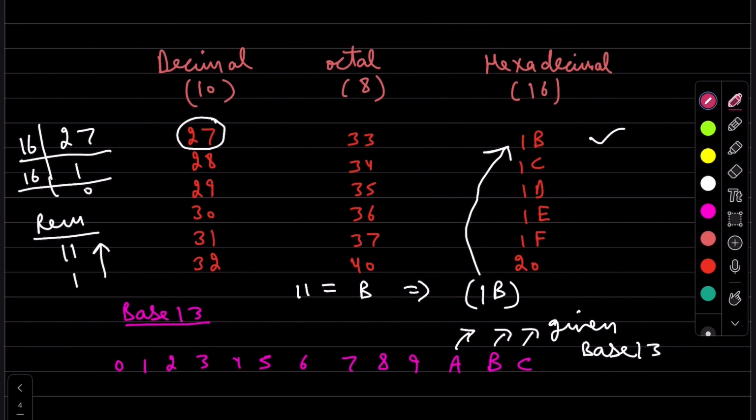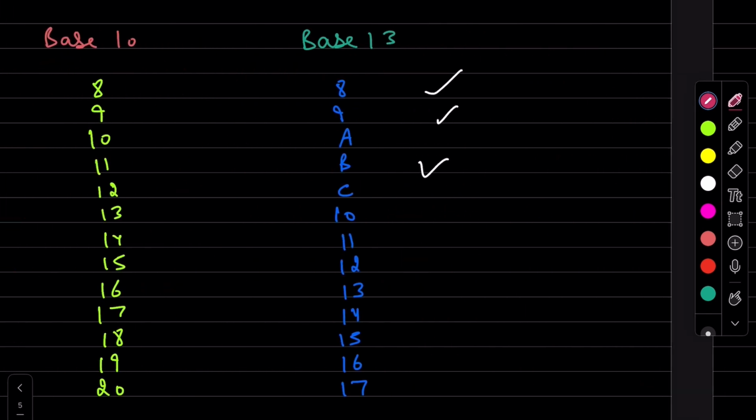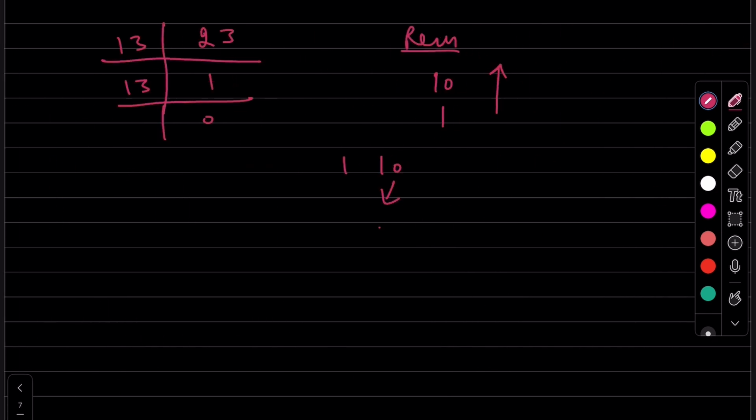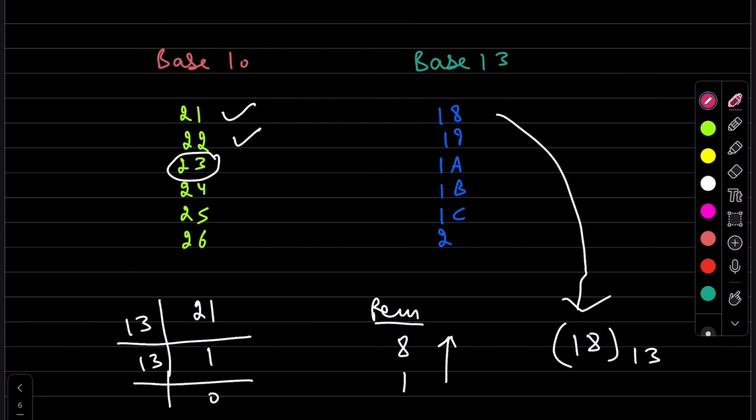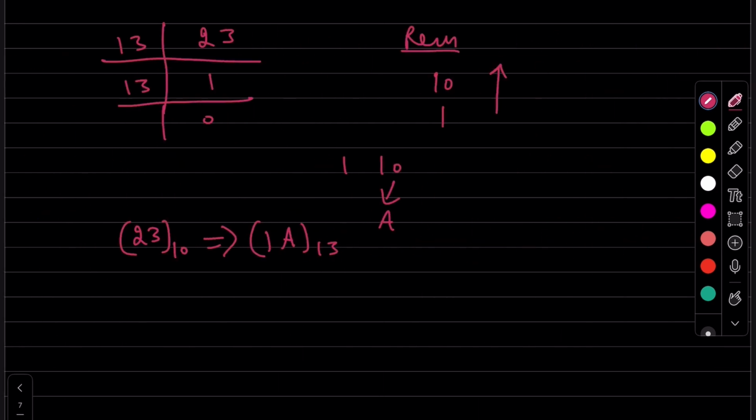You can see, we get 1A in base 13 for the number 23. We can do for 25 as well.